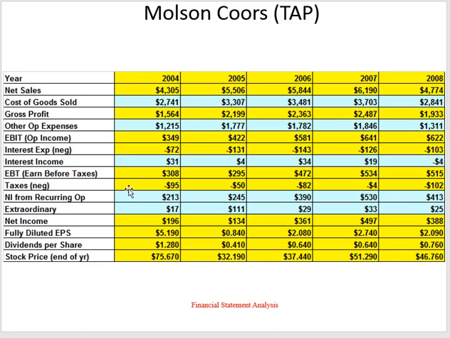Now, when you think about the income statement, it is a statement that reflects what happened throughout the year from running the business. So in this case, in 2004, there was $4,305 million in net sales.